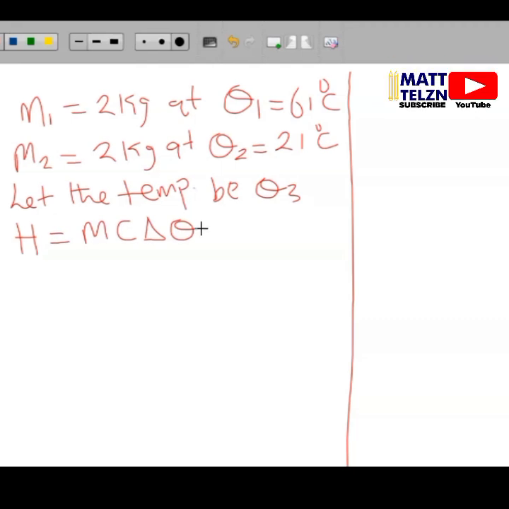Now, from the question, you would notice that the first liquid M1 is at 61 degrees Celsius. The second liquid is at 21 degrees Celsius, right? Liquid M1 was added into the liquid M2. So what happened here is that the liquid M1 lost heat, right? The liquid M2 gained heat.